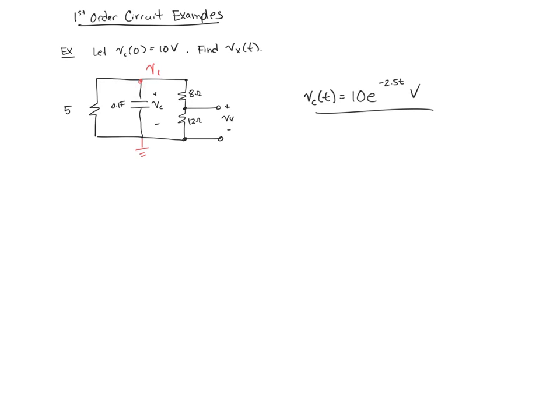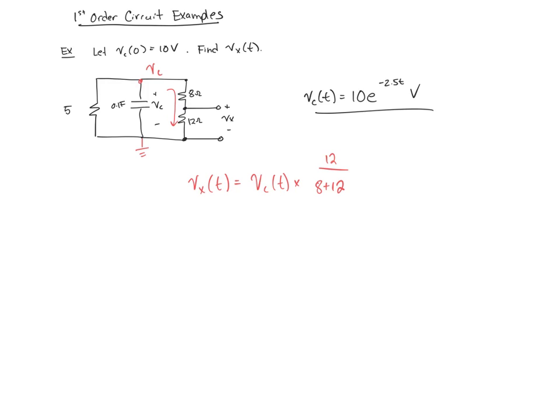Vx is going to be a fraction of Vc based on the division through the series path of the 8 and the 12. So I could write Vx as a function of time equals Vc as a function of time times 12 over 8 plus 12 as being my voltage divider expression. You could solve for Vx using a KVL of that loop.